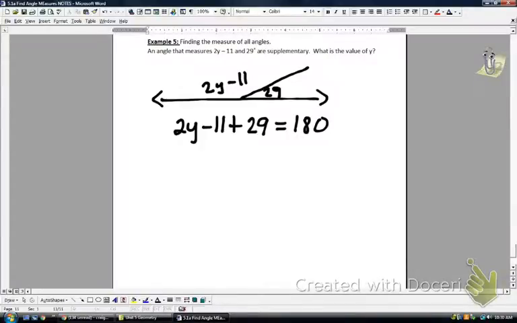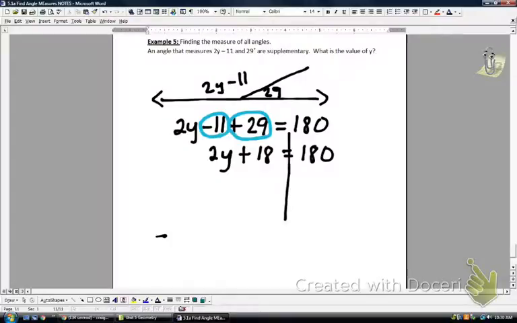The first thing I'm going to do is combine like terms. So I have negative 11 plus 29. On my left side I have 2y. Do that in your head or on a calculator. That comes out to be plus 18. 29 minus 11 is 18.